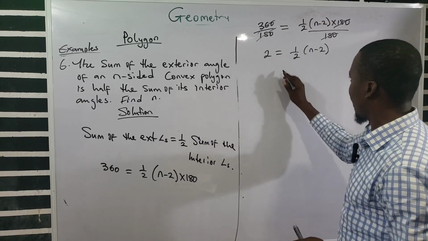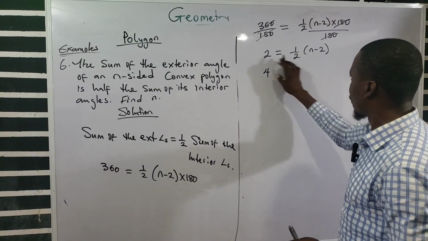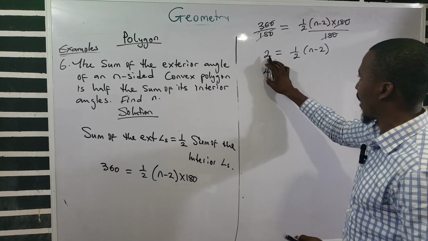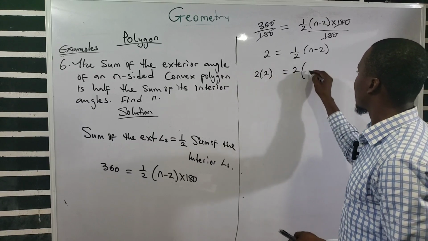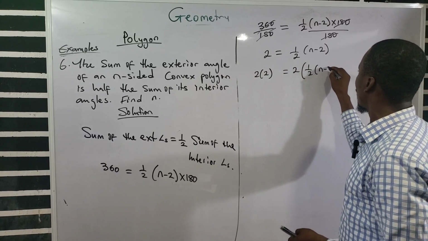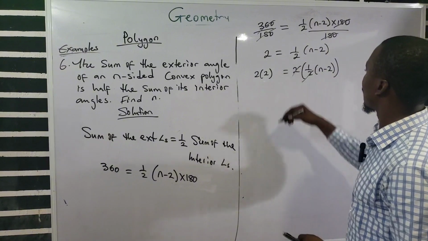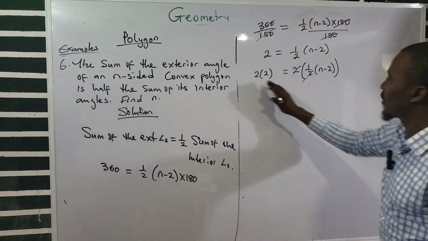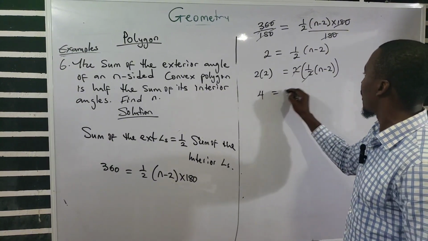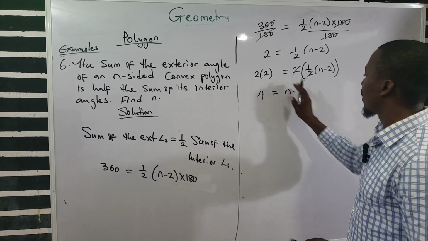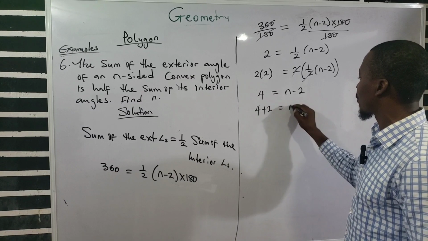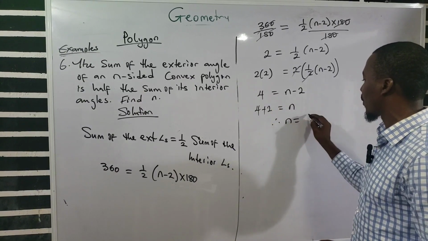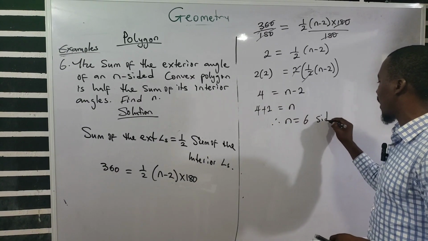Let me multiply both sides by 2 so that it will be explicit. So this will give us 4 equals n minus 2. 4 plus 2 equals what? n. Therefore, n equals 6 sides.